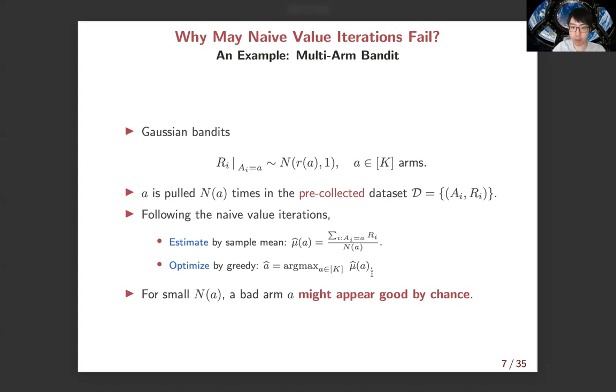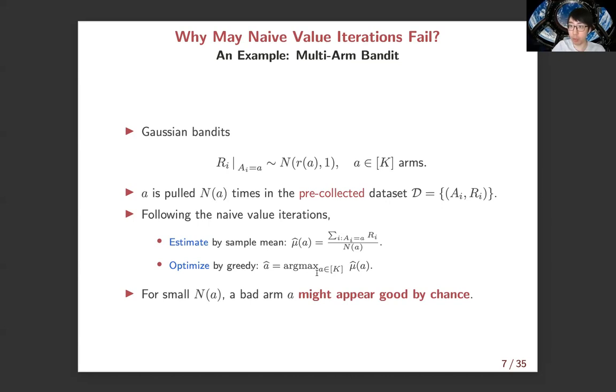But you see, this algorithm can fail miserably because sometimes we can just have a very bad arm, and it turns out that this bad arm can be pulled just 1 time or 2 times. So in reality, this happens a lot because, for example, if you're trying a lot of drugs, then there could be a bad drug that is only tested once or twice.